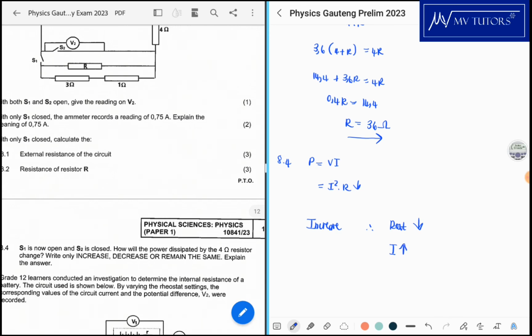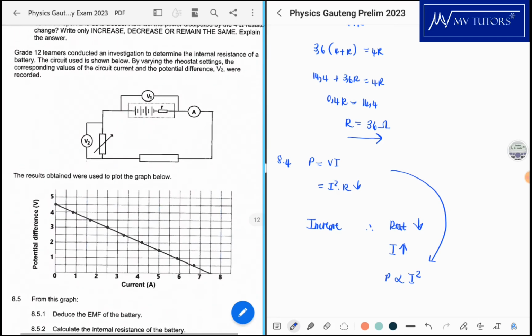And according to this equation that I've indicated over here, power is directly proportional to current squared. So if your current is increased, then ultimately your power will also be increased. Alrighty.